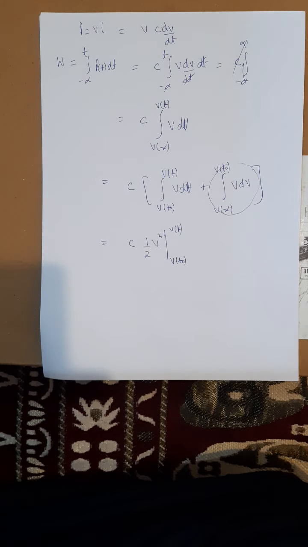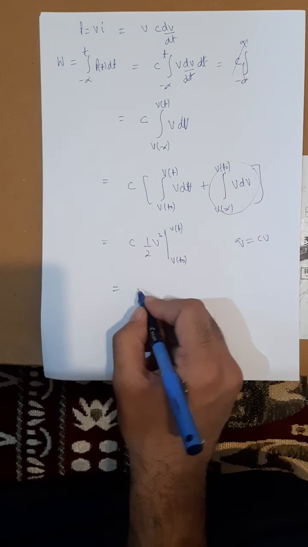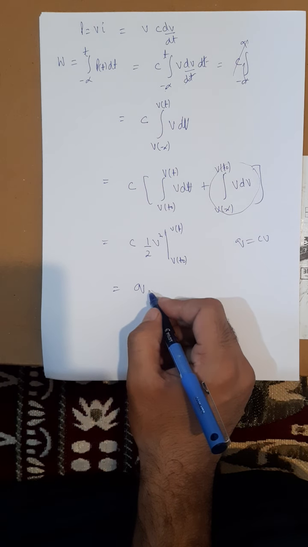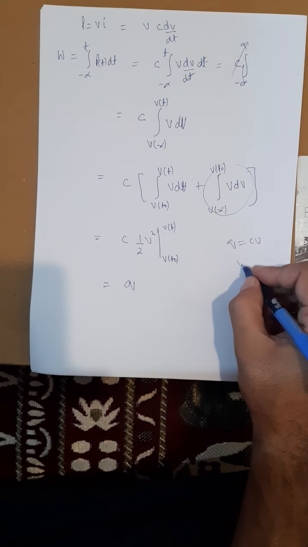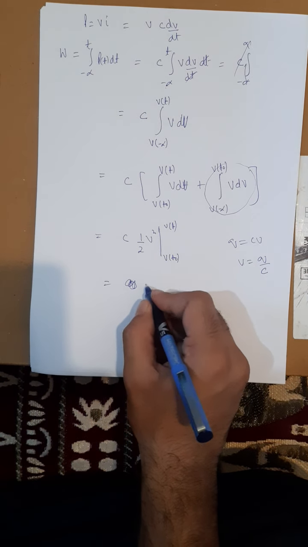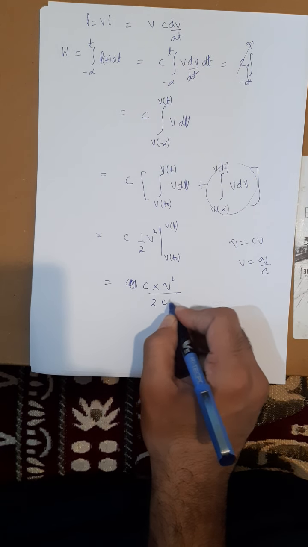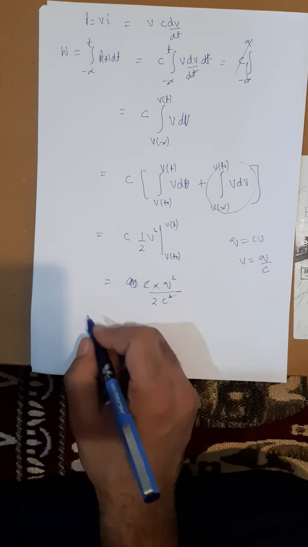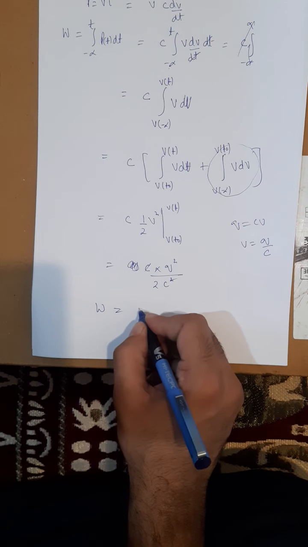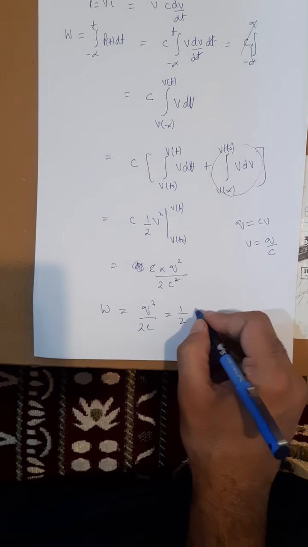You know that q is equal to cv, or you can write v is equal to q by c. C multiplied by v square is q square by twice c square. So this c will cancel. So I can write w is equal to q square by 2c, which is equal to 1 by 2 cv square.